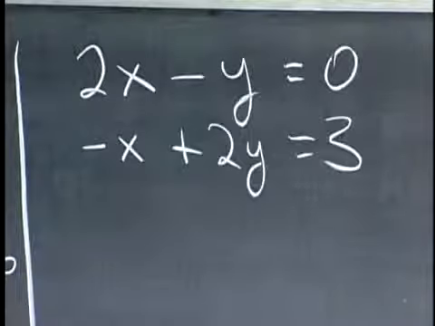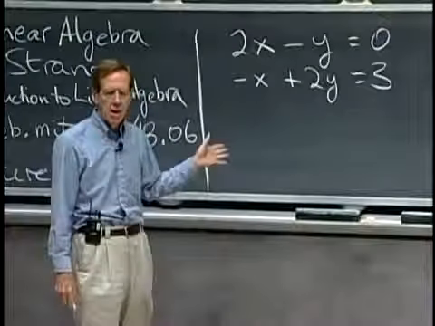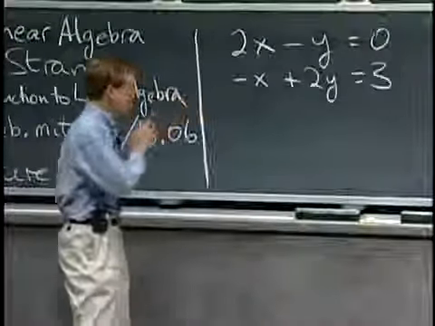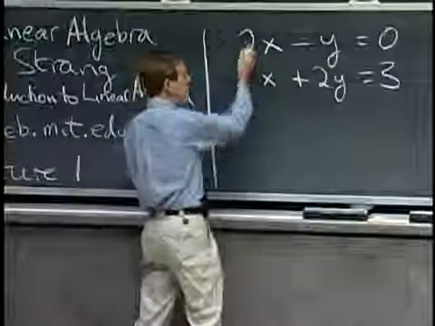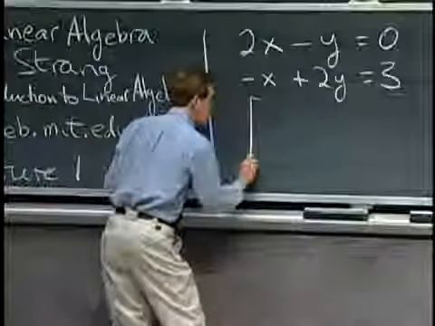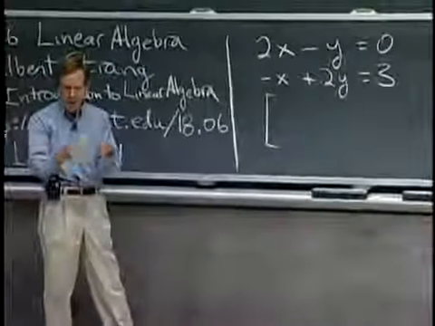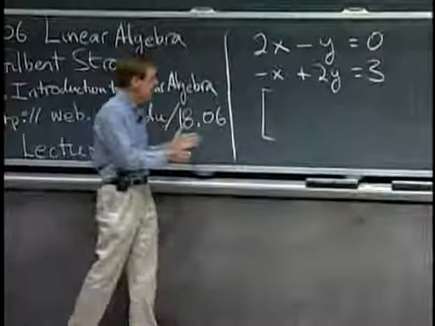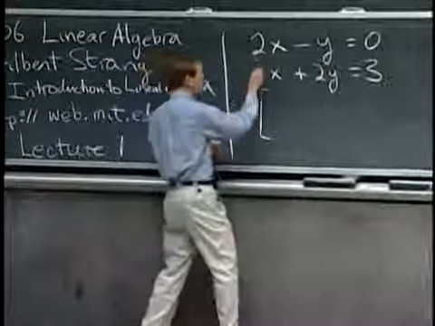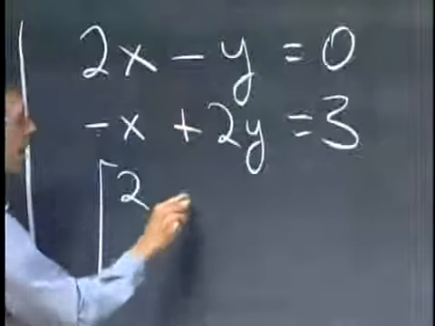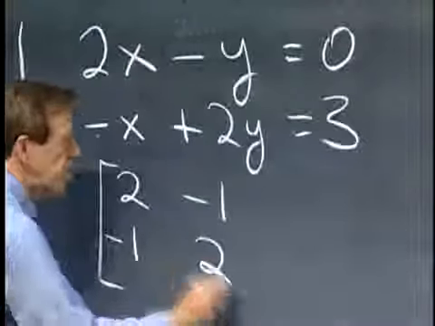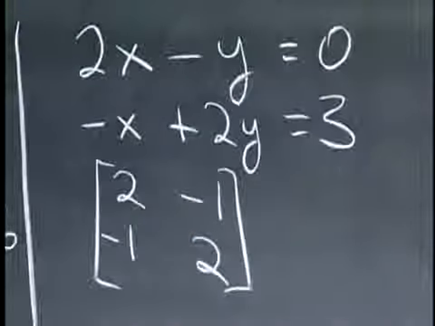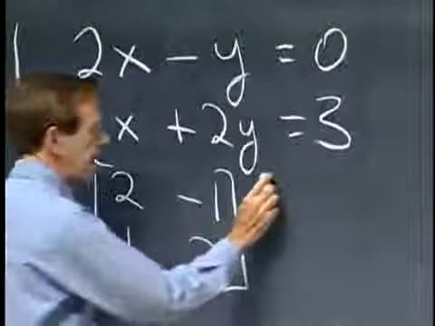I can even say right away, what's the coefficient matrix? The matrix that involves these numbers. A matrix is just a rectangular array of numbers. Here it's 2 rows and 2 columns. So 2 and minus 1 in the first row, minus 1 and 2 in the second row. That's the matrix.